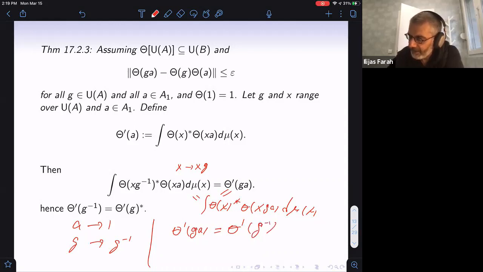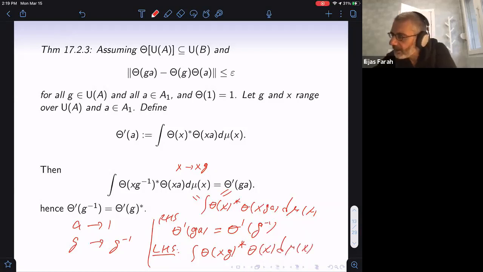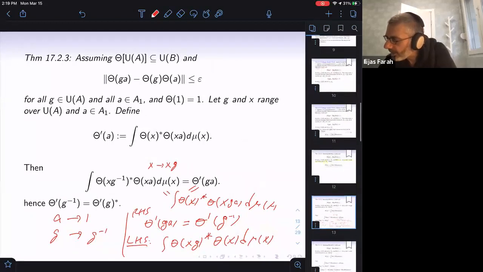What about the left hand side? Well, you have the integral of theta(xg)star theta(x) d mu of x. But now what is that?